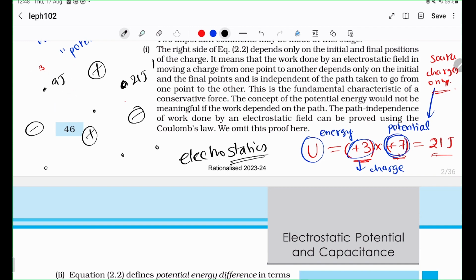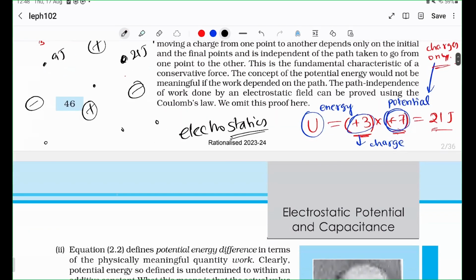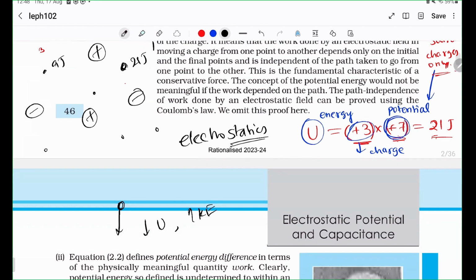And now you know that particles always move from a higher potential energy to a lower potential energy, right? Like when you release a ball from above, it comes down because it wants to decrease the potential energy so that it increases kinetic energy. And that's exactly what happens here as well.